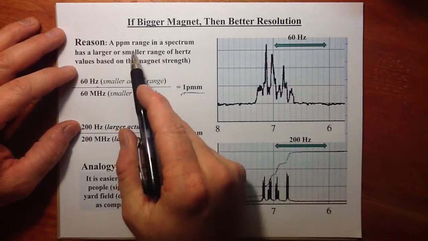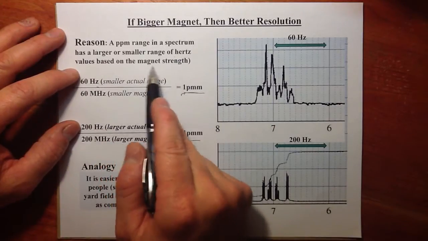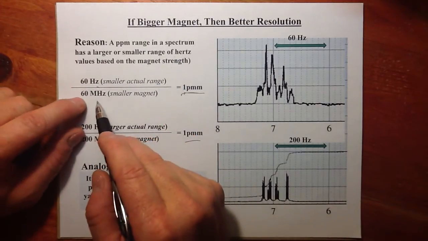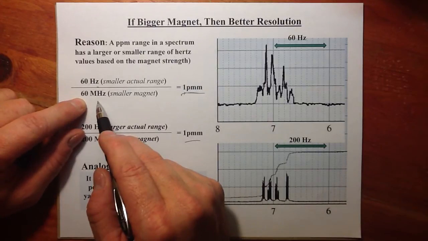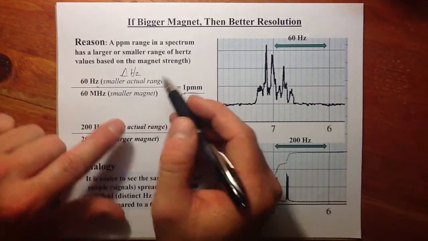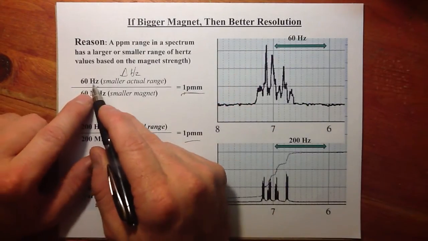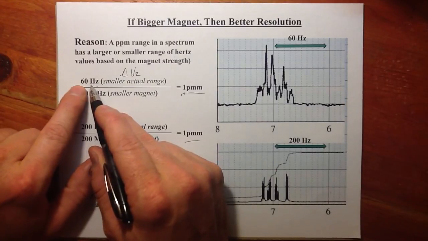So here's why. A ppm range in a spectrum has a larger or smaller range of hertz values based on the magnet's strength. So if we have a smaller magnet, 60 megahertz, we may have that difference we talked about in hertz values between 0 ppm for tetramethylsilane and something further downfield, maybe only 60 hertz.